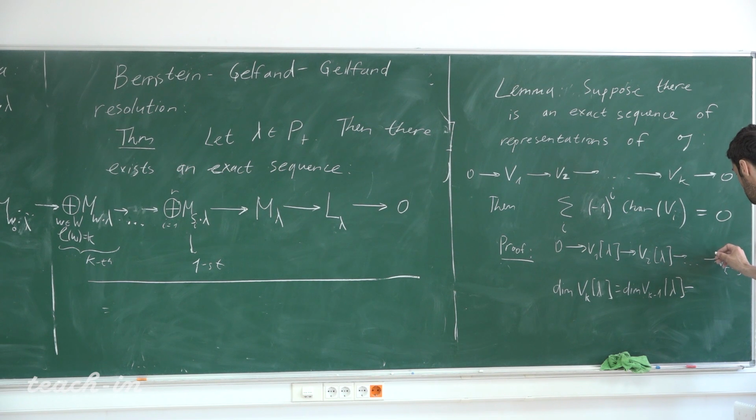Let's call this map D, so this one will be D1, this is d(k minus 1).